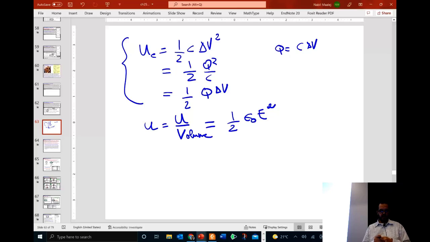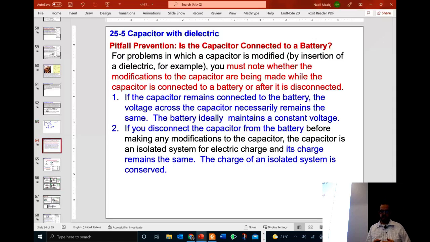Okay, we solved a number of problems, and I would like to remind you that when you solve a problem, you always have to look carefully, because usually the problem statement changes the condition. So, for example, we connect a capacitor to the battery, and then we disconnect it from the battery, and maybe we do something. Or you keep it connected to the battery and then you increase or reduce the separation, and so on.